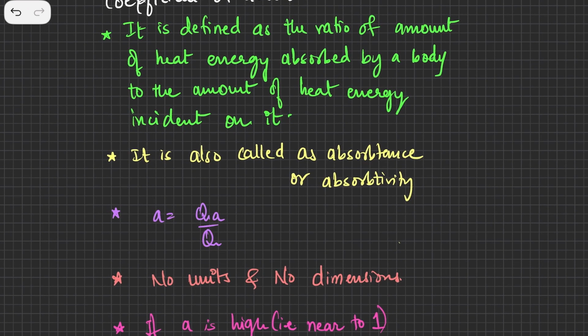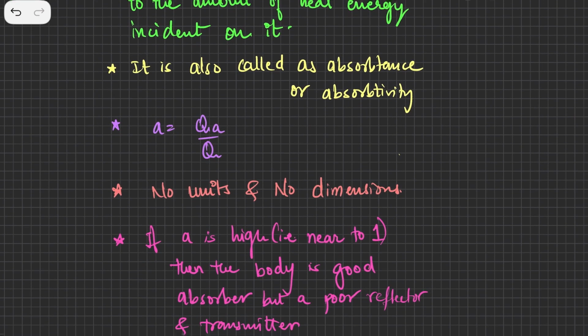It is also called absorptance, or absorptivity. Both names are used alternatively in different boards. The formula for A is equal to QA, the amount of heat energy absorbed, to the amount of heat energy incident.